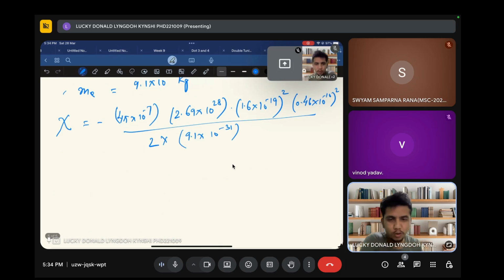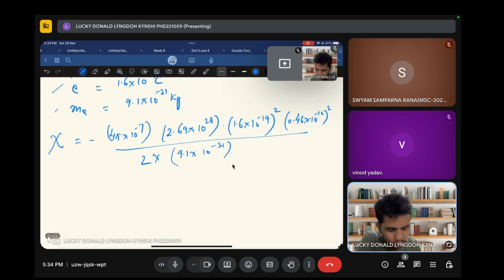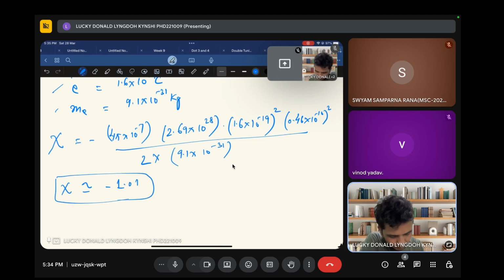So if you solve this multiplication and squaring, you will get approximately minus of 1.01.